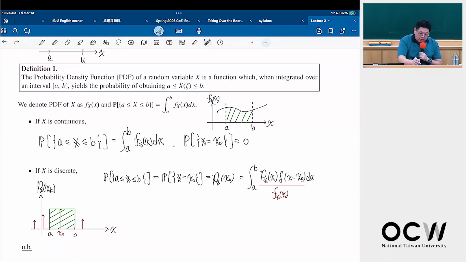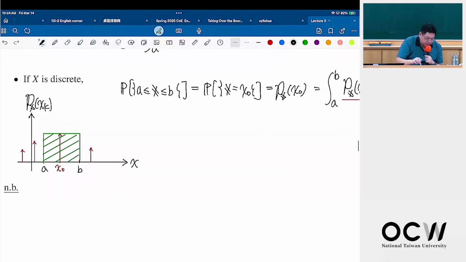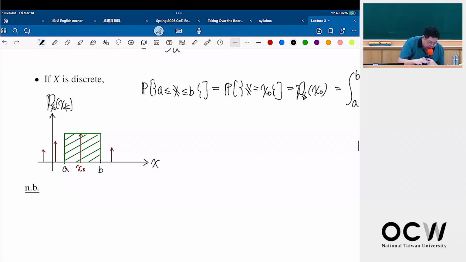For this part, if you take signals and systems, well, if not, that's fine. Or from engineering mathematics, we know the integration of the delta function is 1.